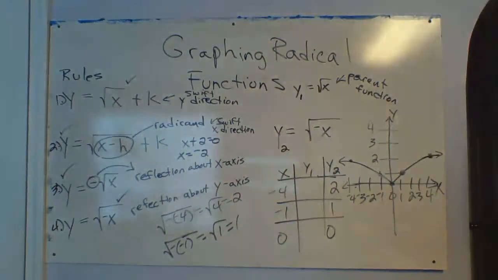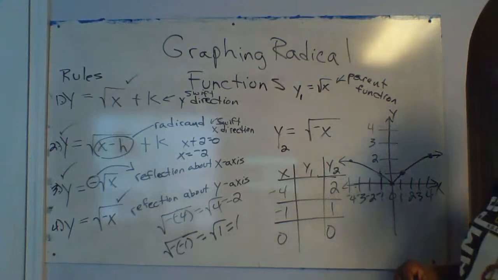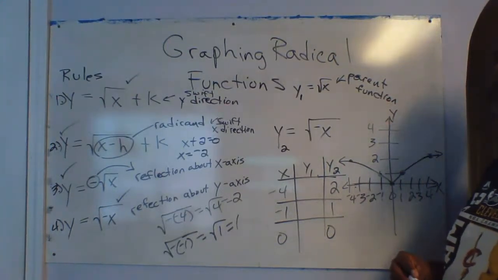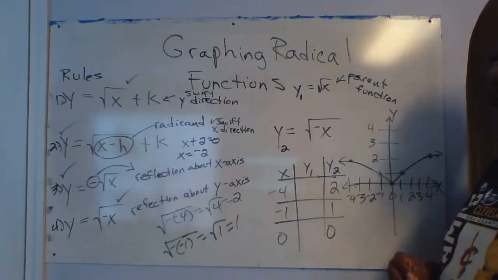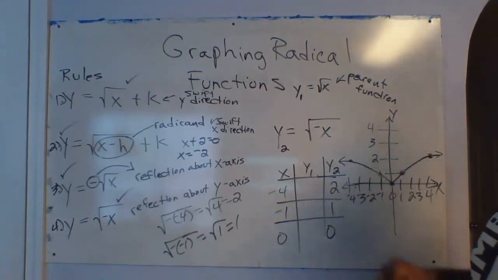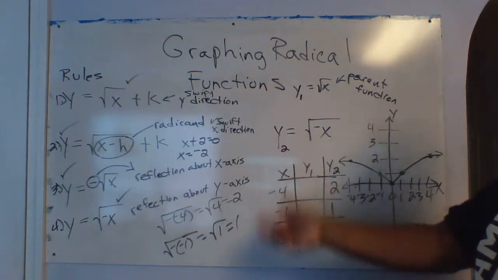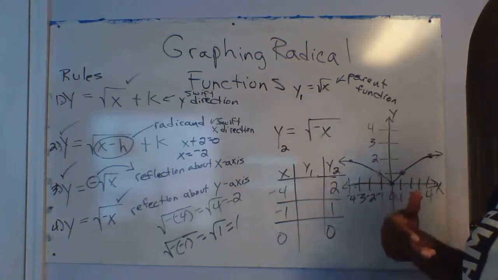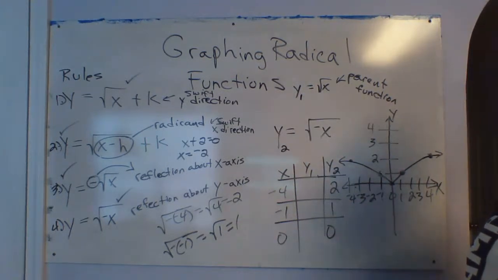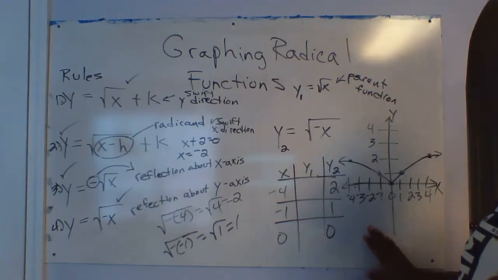Now, if you understand this, the next 2 rules are about stretching and shrinking. So we're going to have horizontal shrink, horizontal stretch, vertical shrink, vertical stretch. That's what we'll do next. So does this make sense right here?